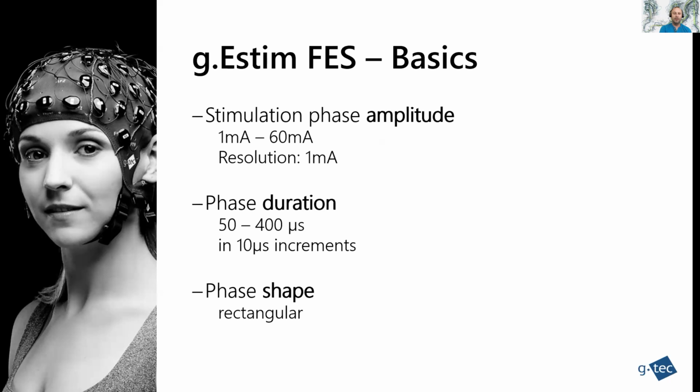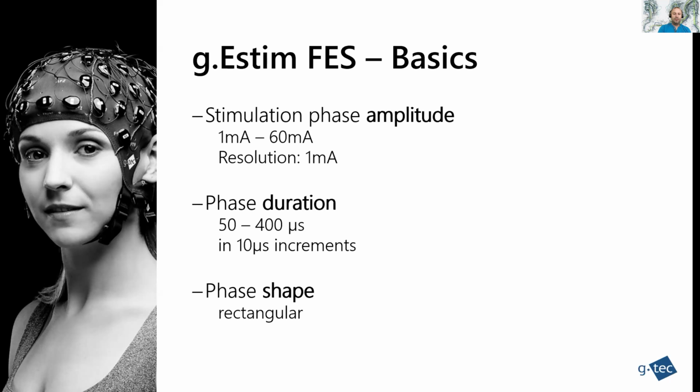So for the lower arm, for example, around 10 to 15 milliampere are fine. For stimulation of a leg movement, for example, you need higher currents because the muscle is bigger. But also when you work with patients, the currents that you need for the stimulation might be higher, because patients may have spasticity or a movement disorder, so it's simply hard for the stimulator to get the proper movement directly done with a lower current.